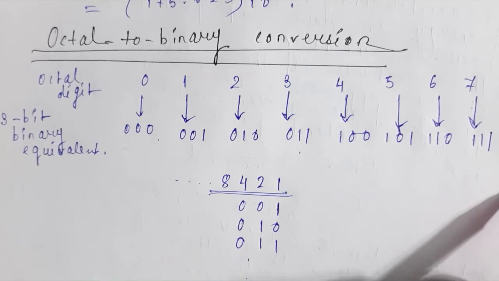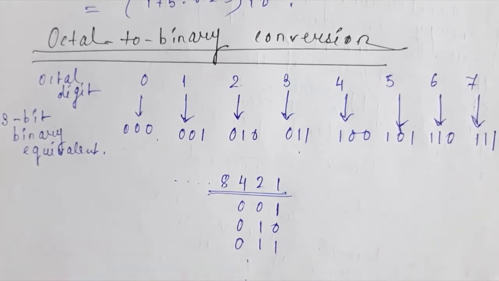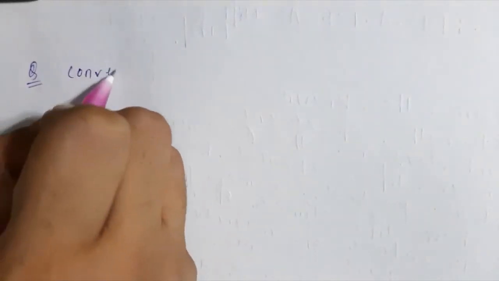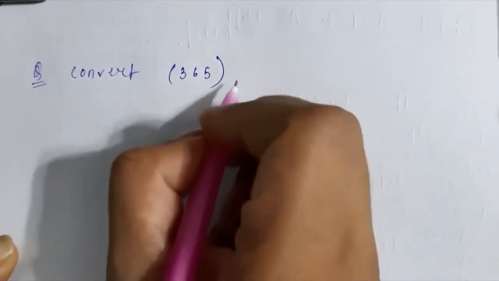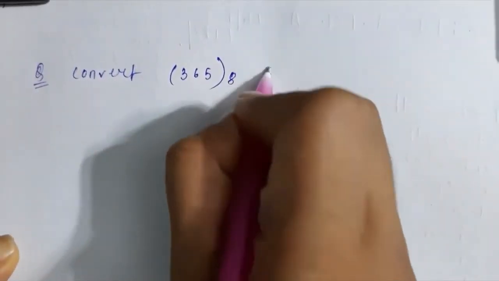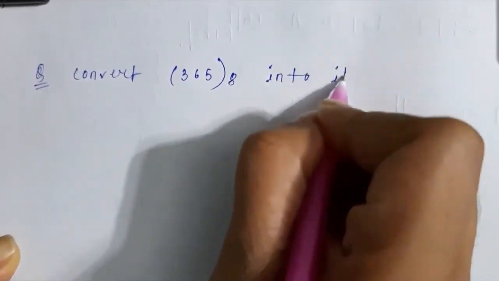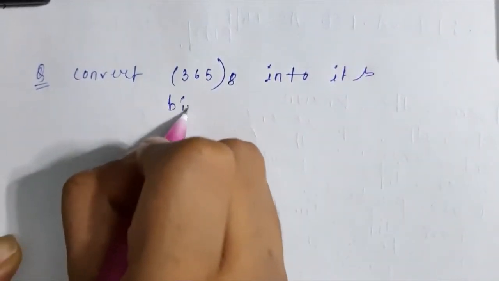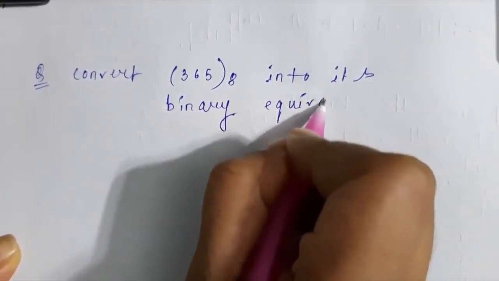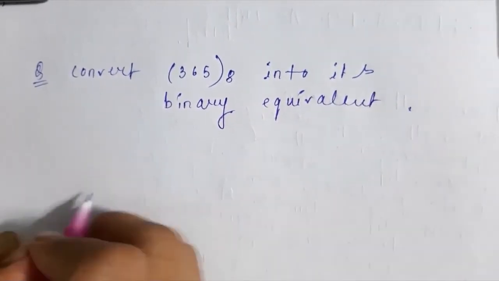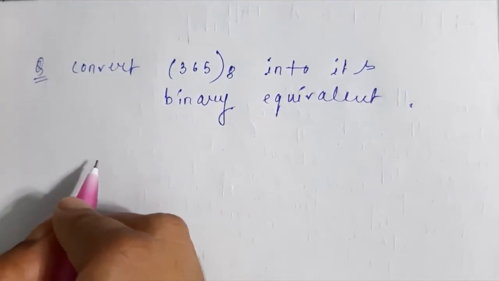Now let's solve one. We will convert 365, this is base 8, into its binary equivalent. How to do this?